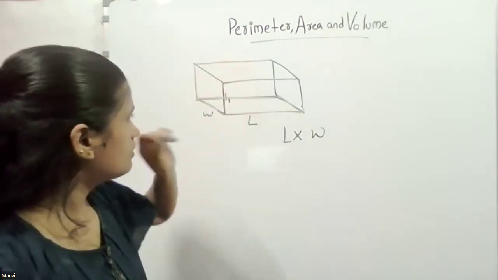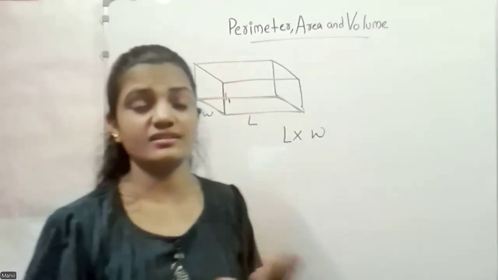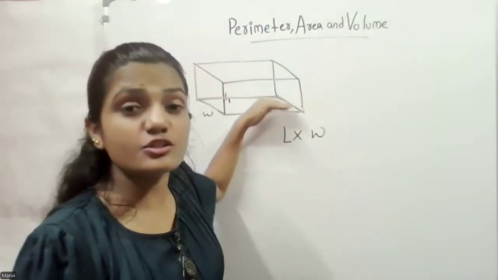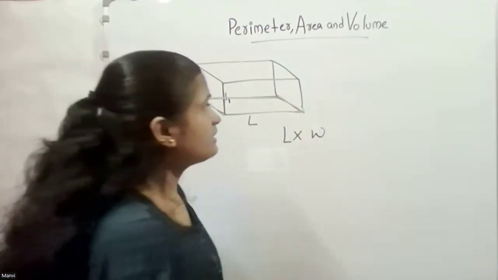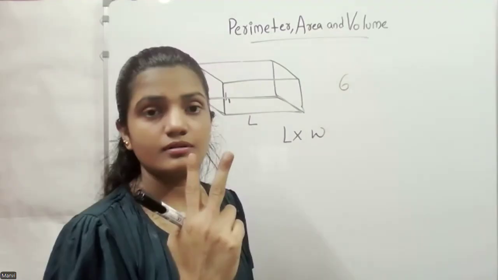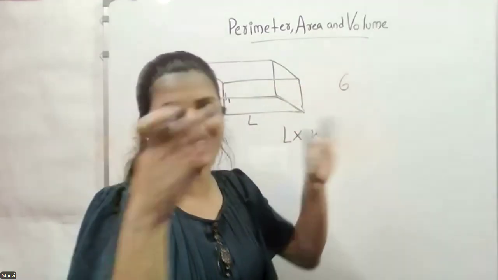For calculating surface area, just try to understand. Here we are not calculating just one side. We need to calculate this for all 6 sides, right? And in all 6 sides, we have two pairs, because both top and bottom look the same. This one looks the same as that one.